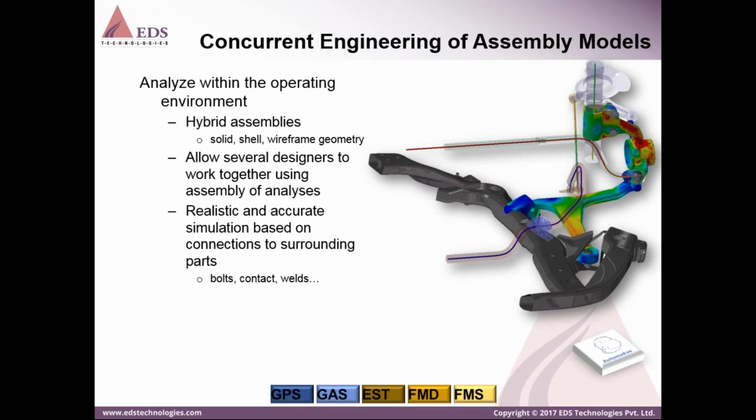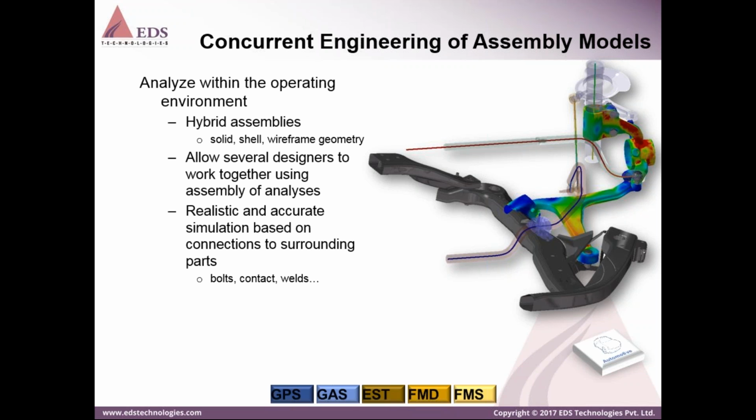CATIA Analysis also allows several designers to work together using assembly of analysis. Different people can do the analysis of their parts, and that can be combined to get the assembly of analysis.